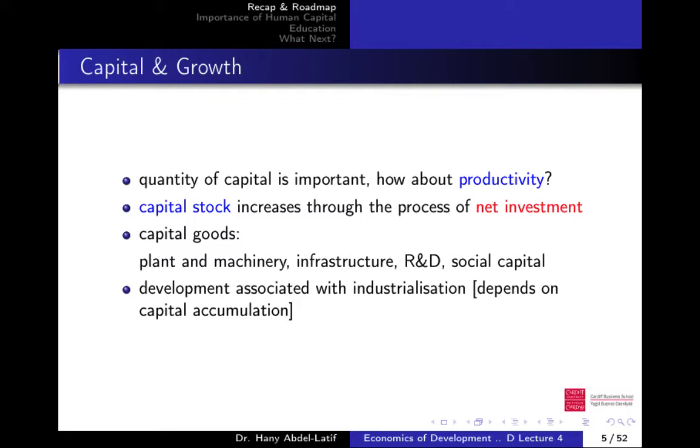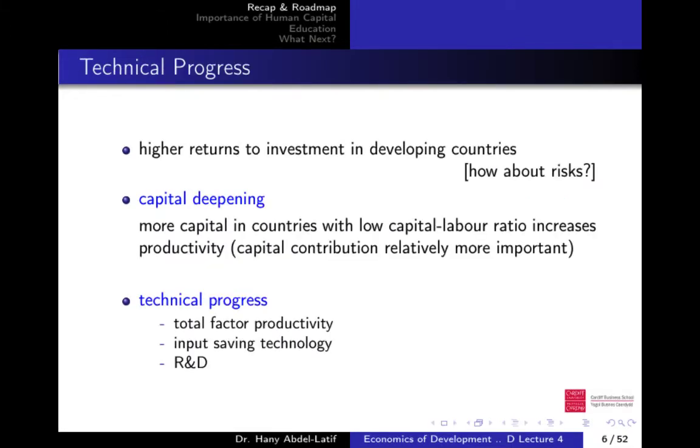Then we moved to discuss the different concepts related to technical progress. We tried to understand how we measure technical progress, or how societies progress. But first, we explained that there are high returns to investment in developing countries, and we explained why.